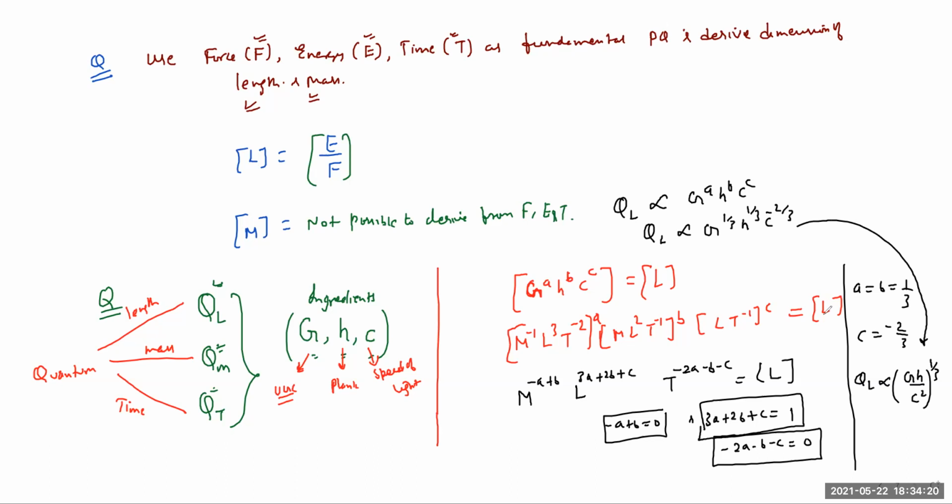Okay. In fact, the (GH by C square) power 1 by 3 itself is the quantum length. And the value of this length, if you find, this was taken as equal only. I'll tell you the exact answer for this. In terms of proportion, G is 6.67 into 10 to the power minus 11, and h is 6.626 into 10 to the power minus 34.